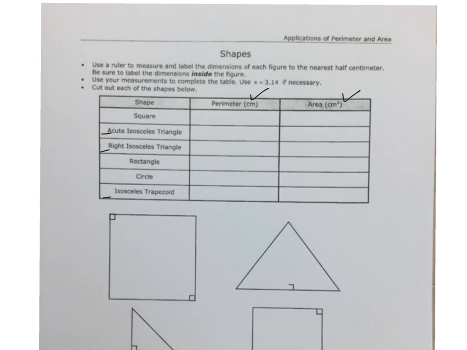So in other words, let's say if this comes out to be 5 centimeters from here to here, then you want to make sure that you put the measurement here. So it'd be 5 centimeters.